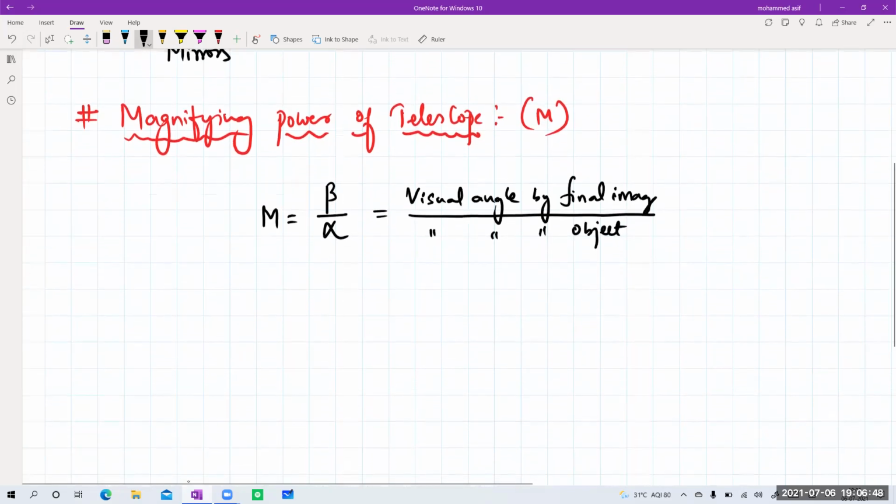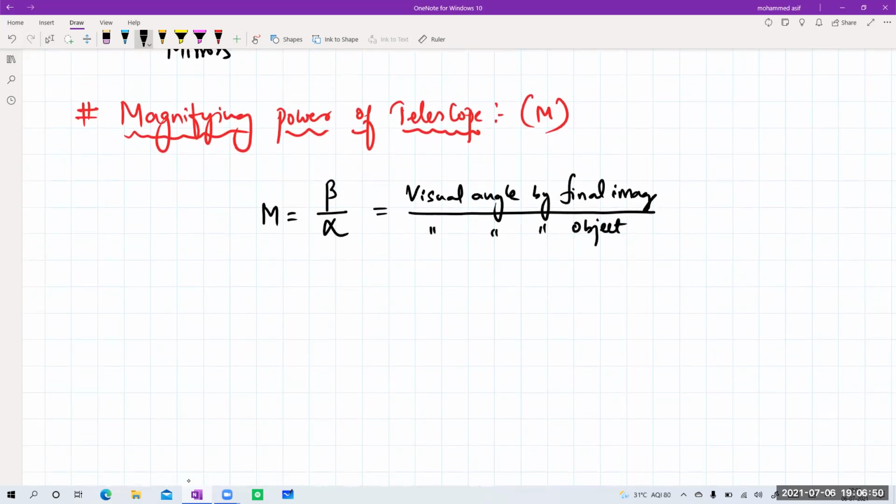Capital M is also known as the magnifying power, or the angular magnification. Is that clear?